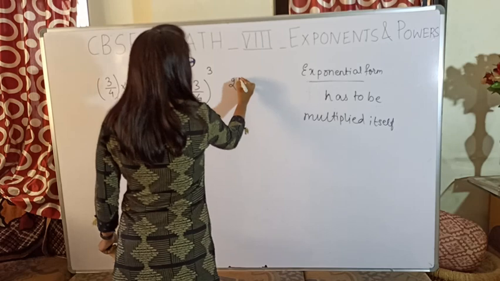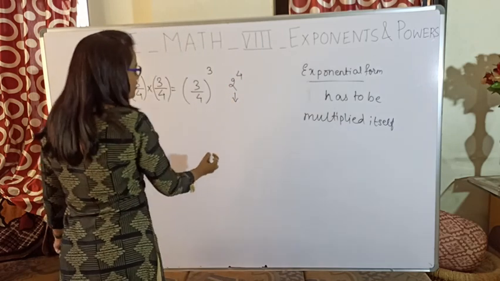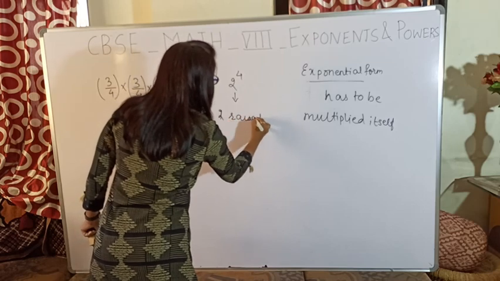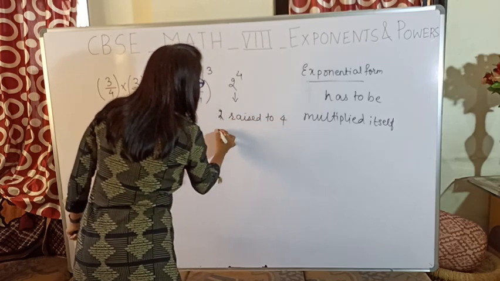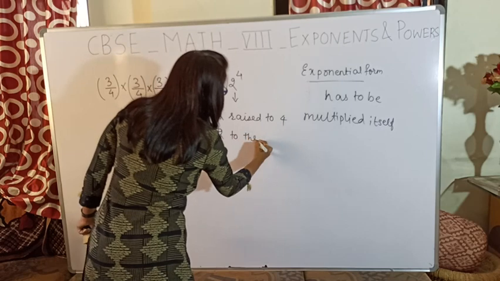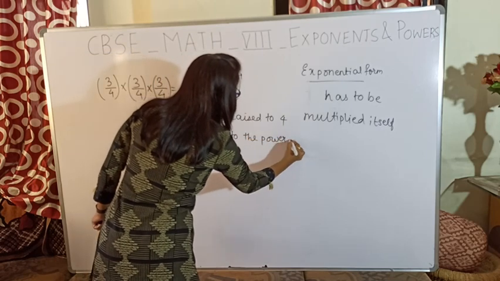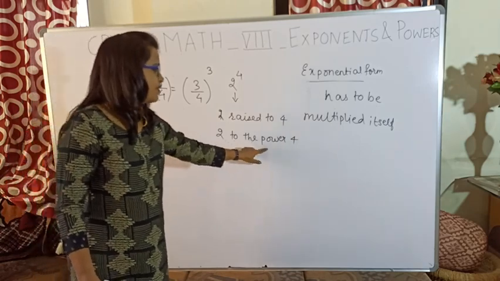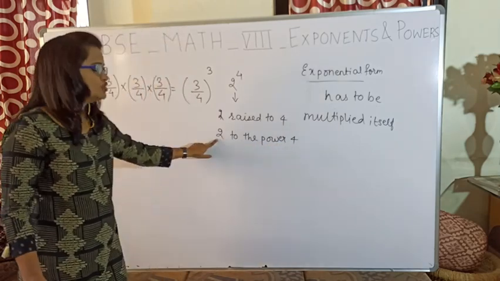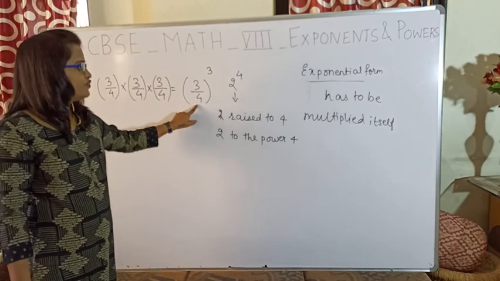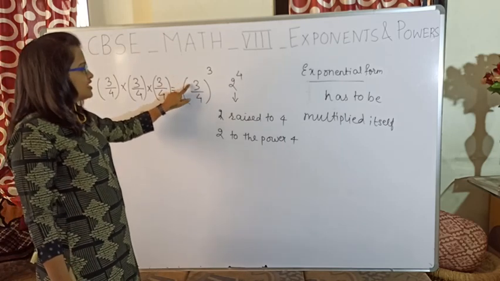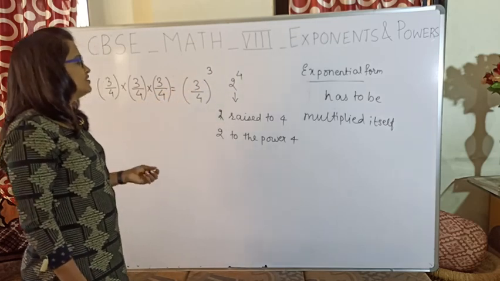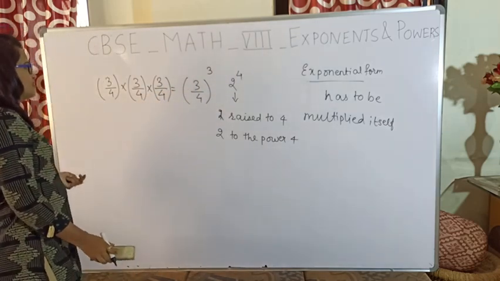For example, 2 raised to 4, how will I read it? 2 raised to 4 or 2 to the power 4. Okay, 2 to the power 4 means 4 is present at the power place and 2 is present at the base. Similarly, if I have to read this number, it will be 3/4 raised to 3. Okay, so this is the way of reading any exponential number.